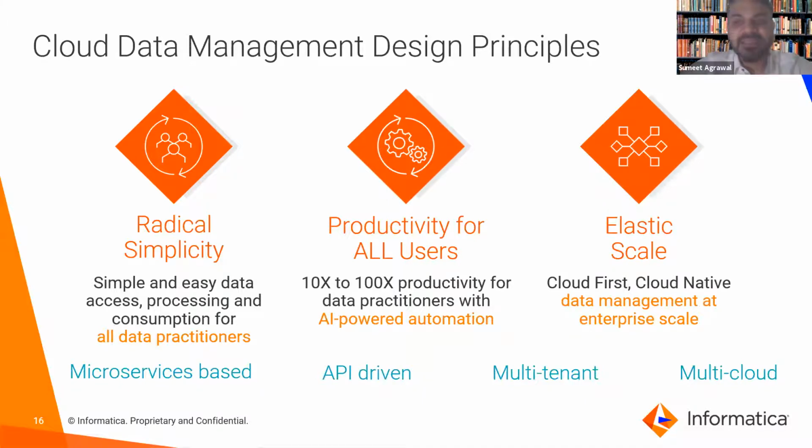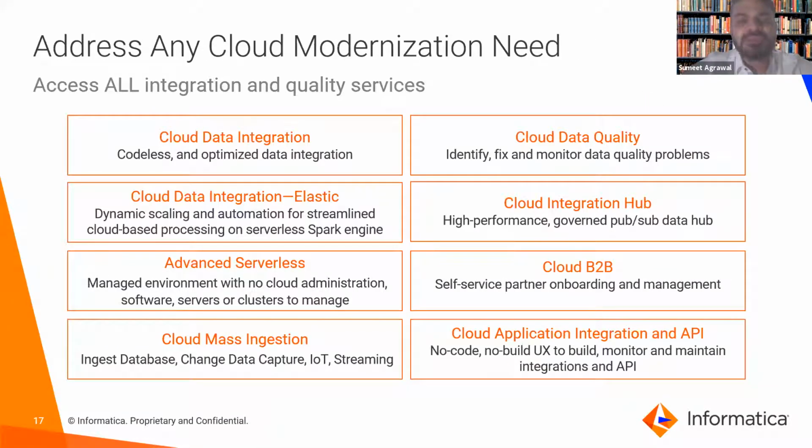And third and last, whatever we build should be built on top of elastic scale, which means we are building for scale of data, scale of users, and scale of user personas as well. I'll give you some more examples to show how we are applying these design principles of simplicity, productivity, and scale in all the products we are building.